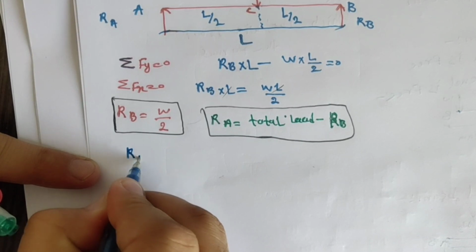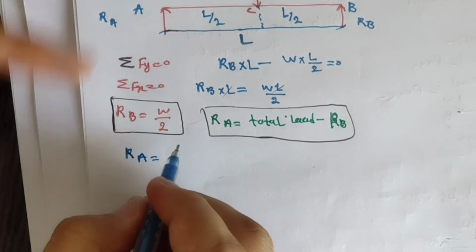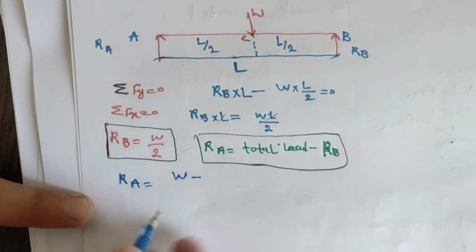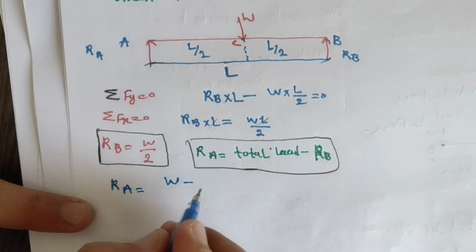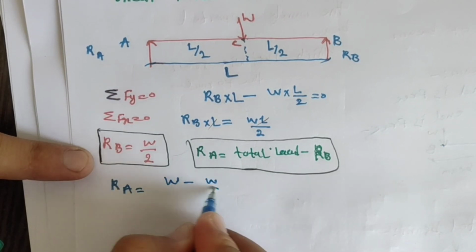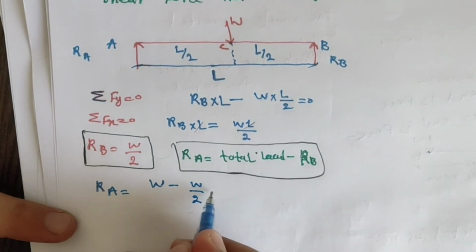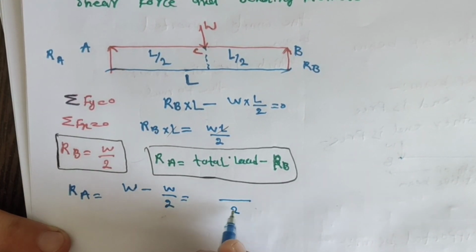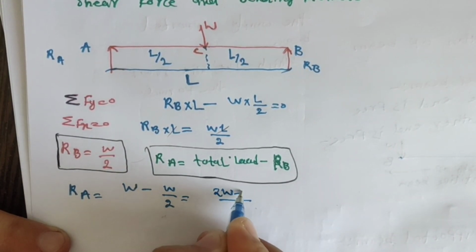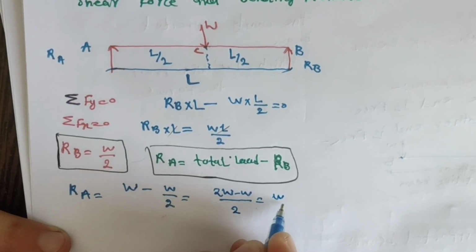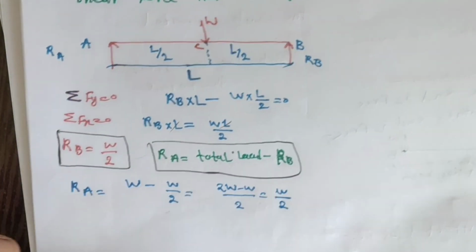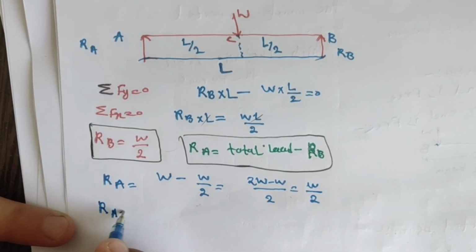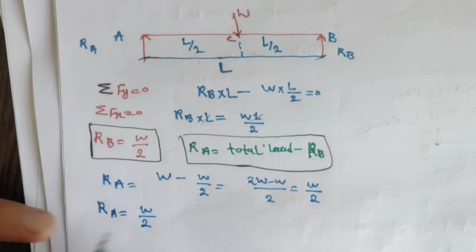RA is equal to total load. What is the total load? Total load is W minus RB, and RB is W by 2. So 2W minus W over 2 is equal to W by 2. This is RA, so RA is equal to W by 2.